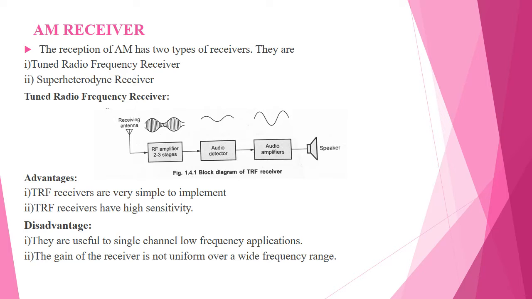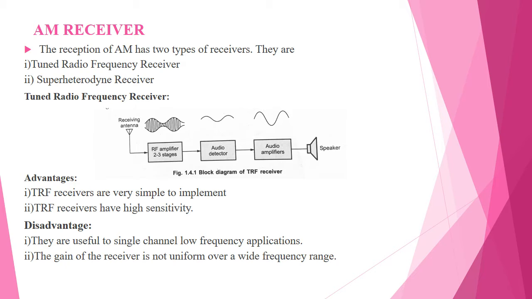The RF amplifier is simply tuned to the required signal. It is then filtered and amplifies the received AM signal and passes it to the detector stage. The detector will obtain the modulating signal at high power levels and drive the speaker.